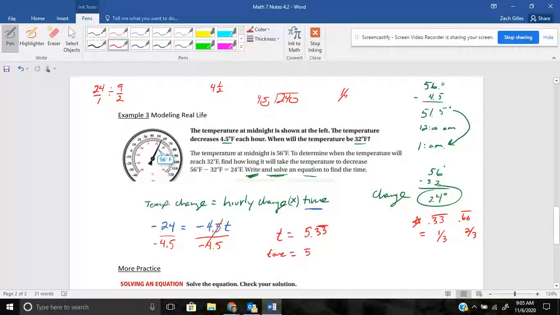What is 1/3 of an hour? Well, 1/3 times 60, same thing as 60 divided by 3, would give me 20. 1/3 of an hour would be 20 minutes, right? 20, 40, 60. So 5 o'clock, 5:20, and that would be a.m. Okay. So that represents the time. It would be 5:20 in the morning, so bright and early in the morning, when the temperature is 32 degrees Fahrenheit.